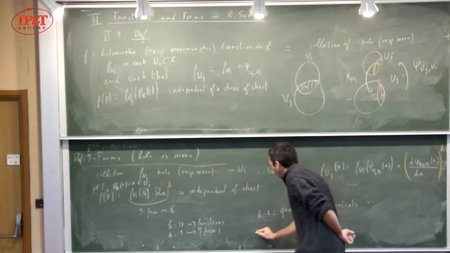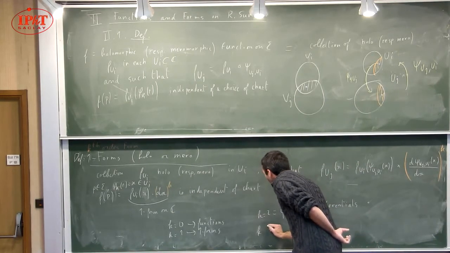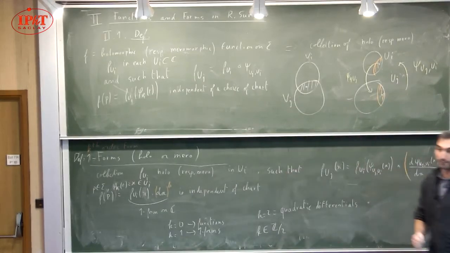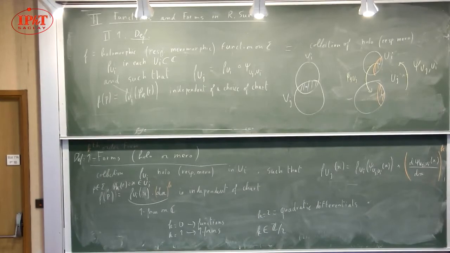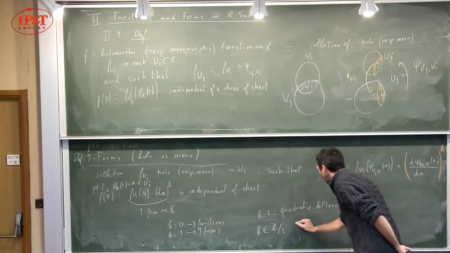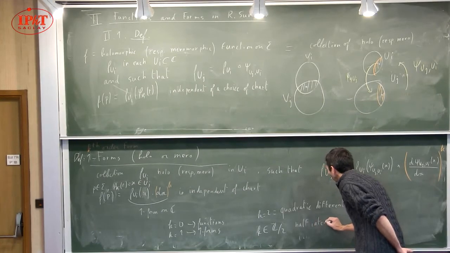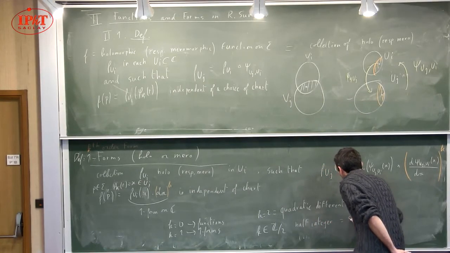In fact, you can also consider the case where k belongs to Z over 2, so half integers. It's what's called spinors.